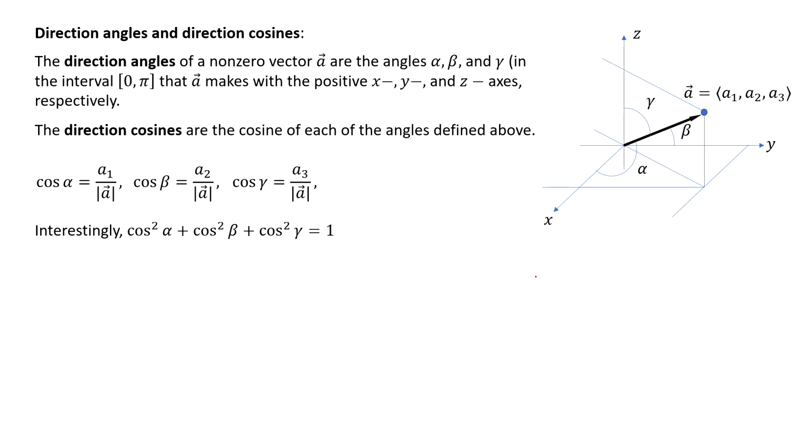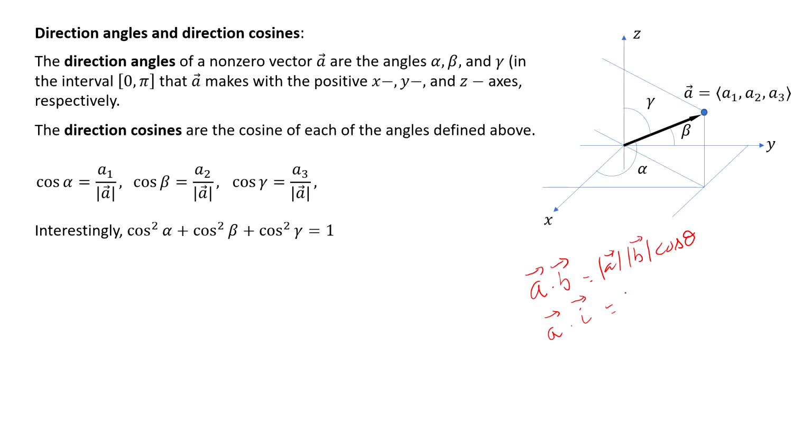Okay, A dot B is equal to magnitude of A times magnitude of B times cosine of the angle between them, right? Now what if I were to do A dotted with i, the unit vector i?